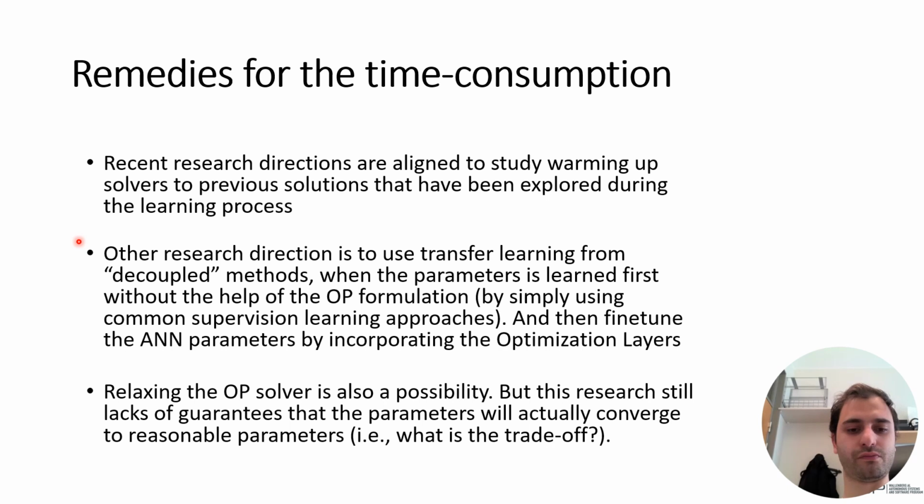So first you do this decoupling, and then you transfer whatever you have learned to a combined formulation. So just continuing here, the parameters are learned first without the help of the OP formulation, and then you fine-tune the parameters by incorporating the optimization layers. Another way is relaxing the solver, which is also a possibility, but this research still lacks guarantees that the parameters will actually converge to reasonable parameters.